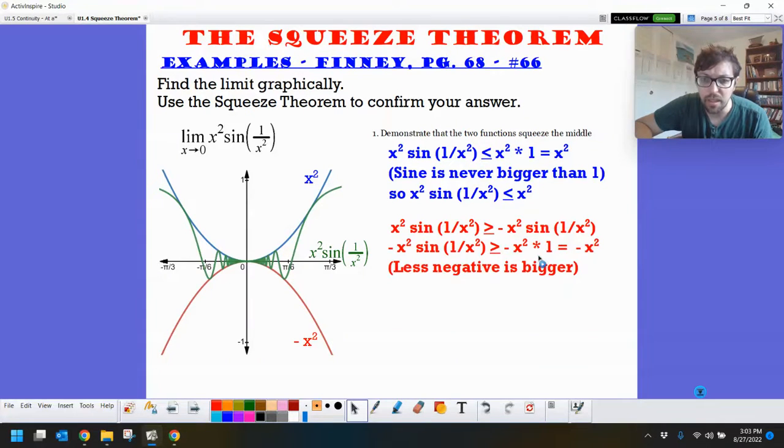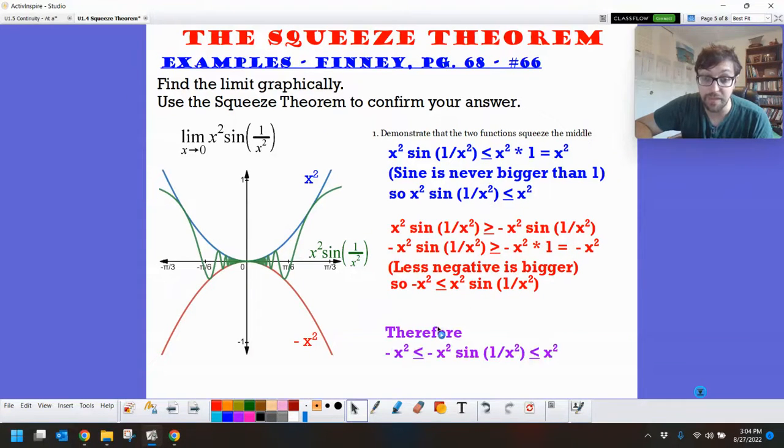Well, if I am multiplying by something, if I've got a negative version of it, if I have a smaller number here, a smaller number here, less negative is going to be bigger. So less negative over here is going to be bigger than more negative over here. If that makes sense. Hopefully you can kind of follow that. It's a good opportunity to pause the video and make sure you can follow what's going on there. Since that's true, then I can say, okay, well, then negative x squared has to be smaller than x squared sine garbage.